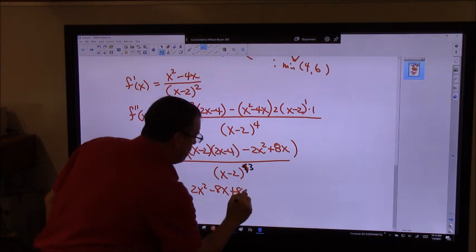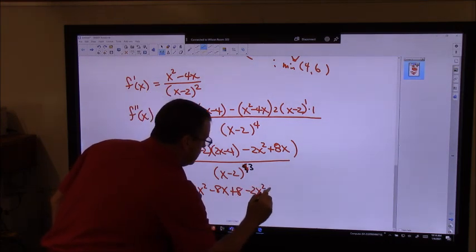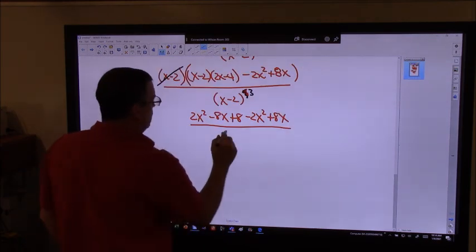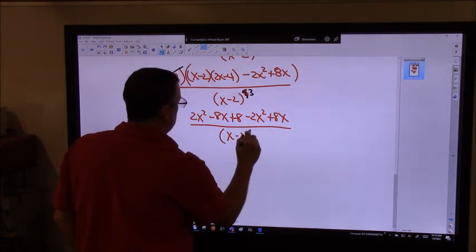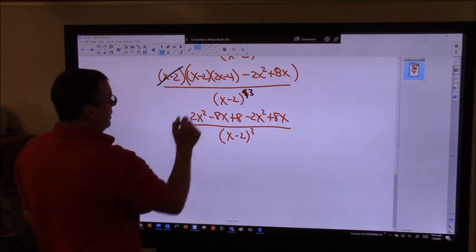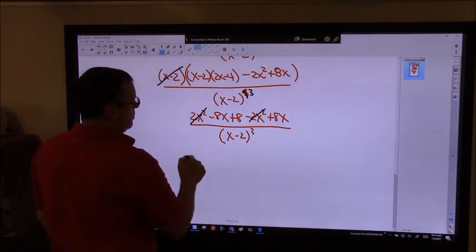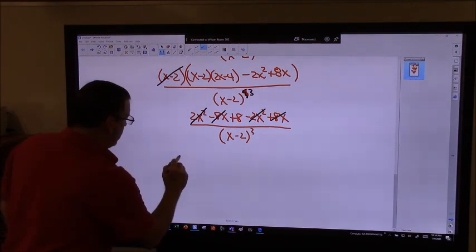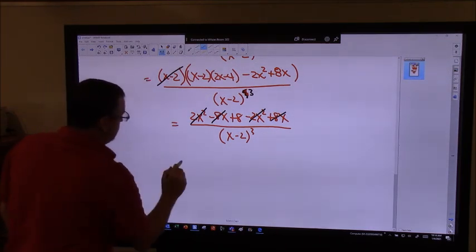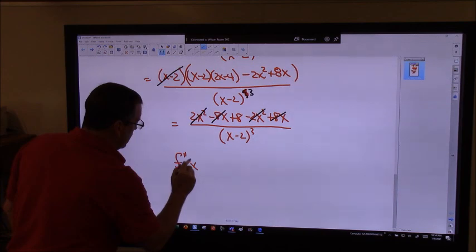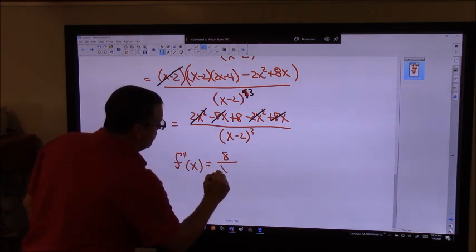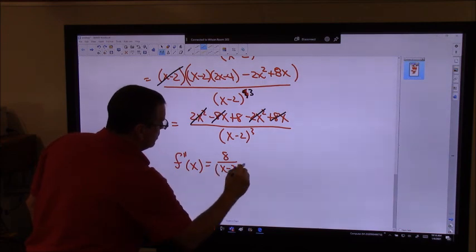And then over here I've got minus 2x squared plus 8x, look at that, all over x minus 2 cubed. What I see is that those 2 add up to 0, and those 2 add up to 0. So that just simplified by quite a bit. I've got f double prime of x is equal to 8 over x minus 2 cubed.